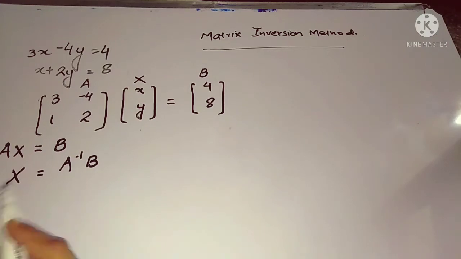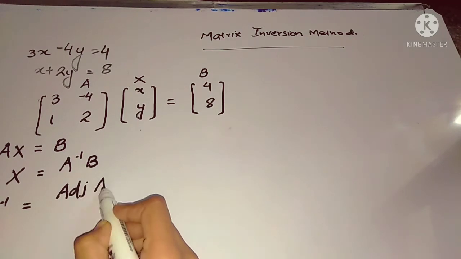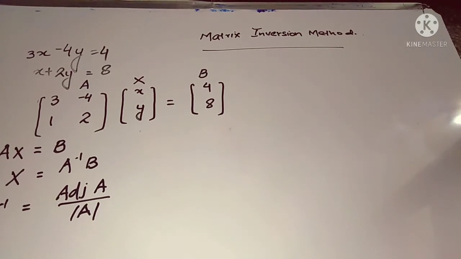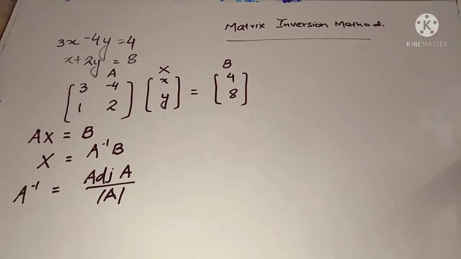Now what is A inverse? To find A inverse, you will use its formula: A inverse is equal to adjoint of A over determinant of A. So we are going to find the adjoint of A over the determinant of A. What is the adjoint of A?